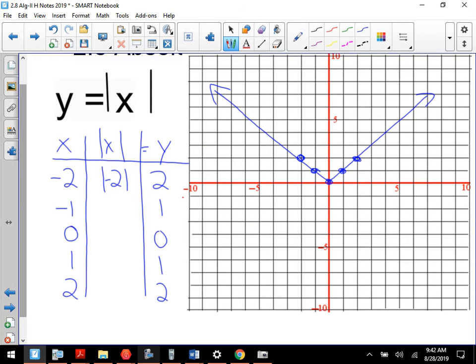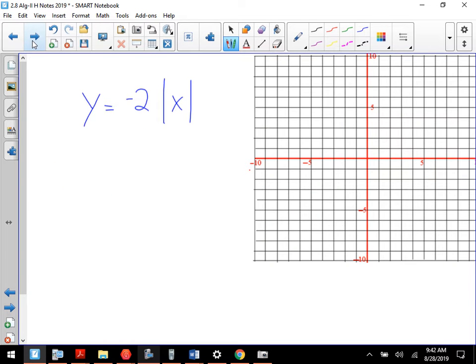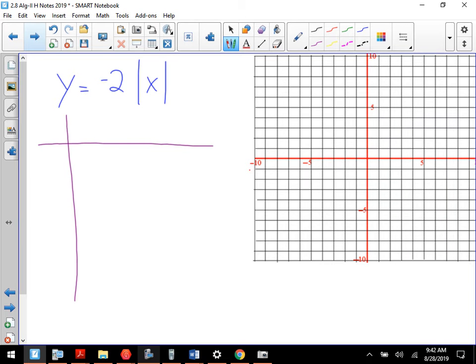Same idea. If I wanted to get a little even crazier with this, and I need to put things together in terms of order of operations. So this says -2 times the absolute value of x. When you're dealing with absolute value, we're doing the same idea of this direct substitution via a table. We're still picking our own input.